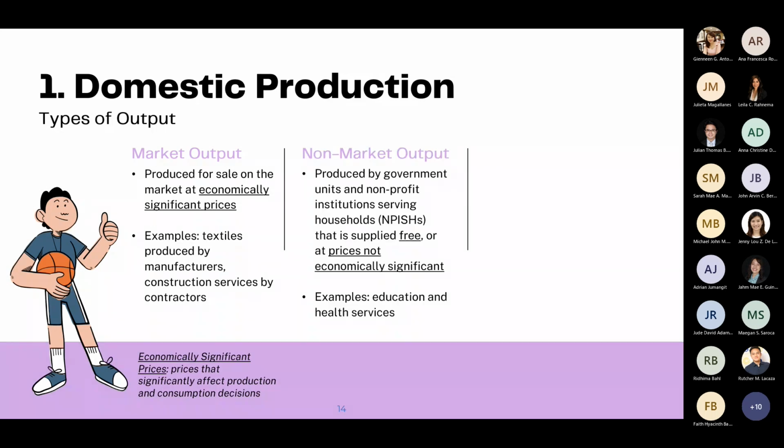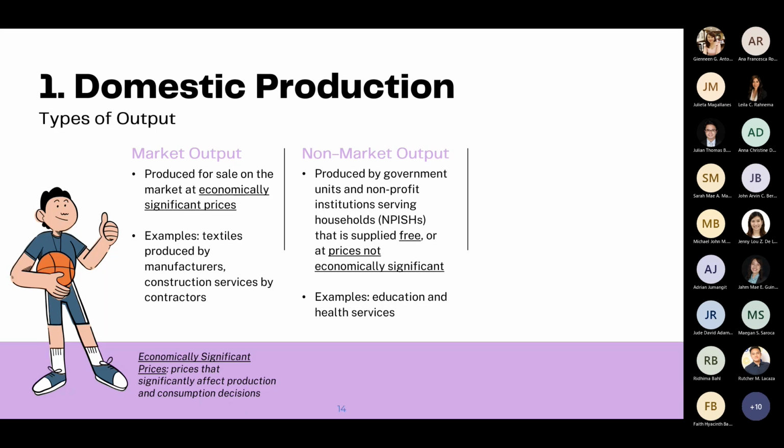Second component is non-market output. So as the name suggests, this represents output that is not sold to the market. So these are usually produced by government units and non-profit institutions serving households or NPISH. And these are usually supplied for free or at prices that are not economically significant to other institutional units or to the community as a whole.